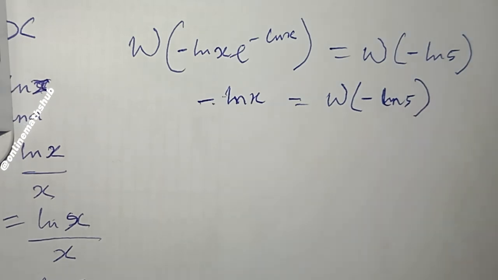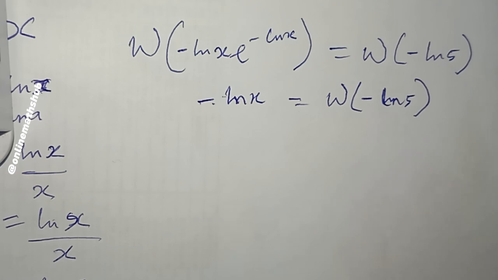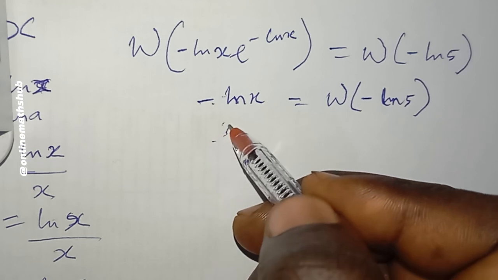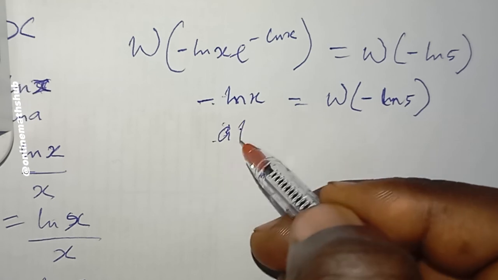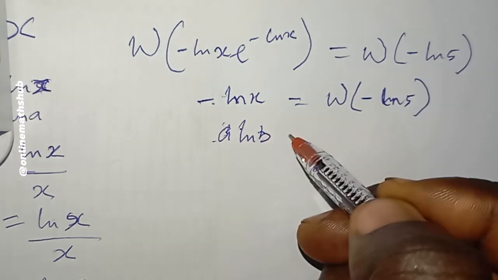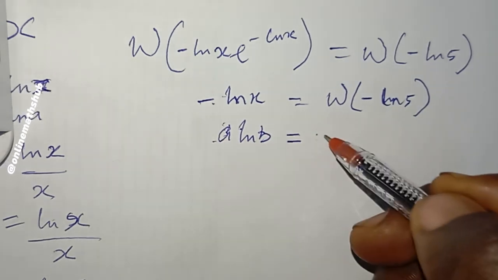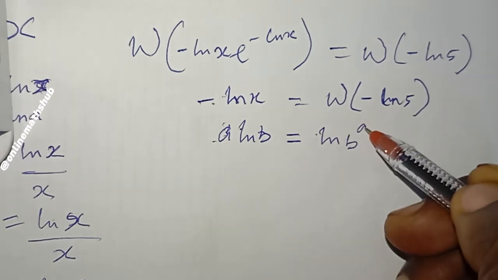Okay, so that is what I have right here, and then of course I can also utilize one of the properties of log right here. Of course, you know that a natural log of b, we can decide to bring this to power b, so I can also write this as natural log of b power a.